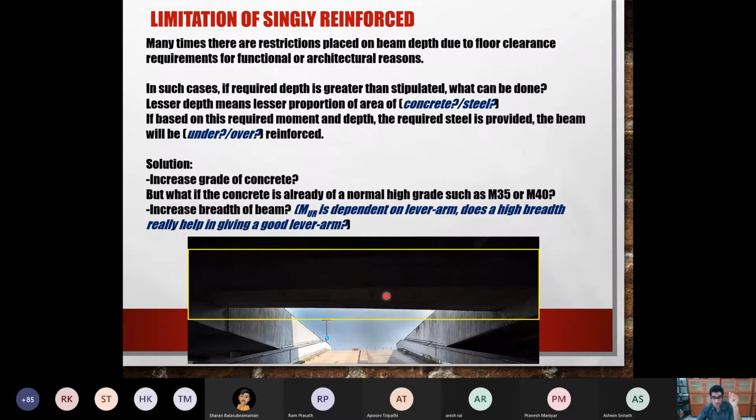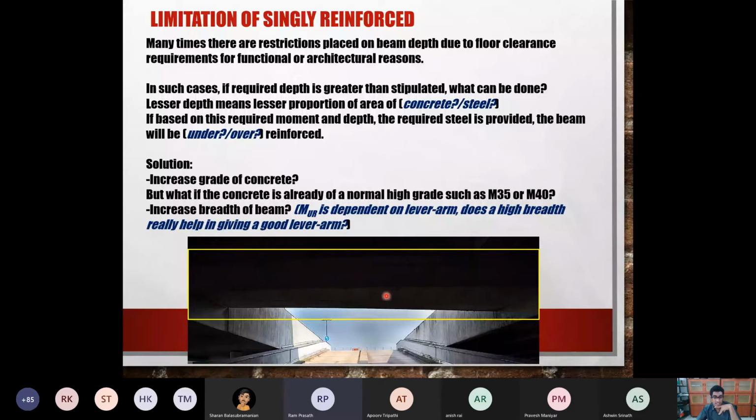Okay. Now, what does I depend on? The cross section. Breadth and depth. Which does it depend on more? Does it depend more on breadth or more on depth? Depends on the depth, sir. Depth by what order? Order of 3.